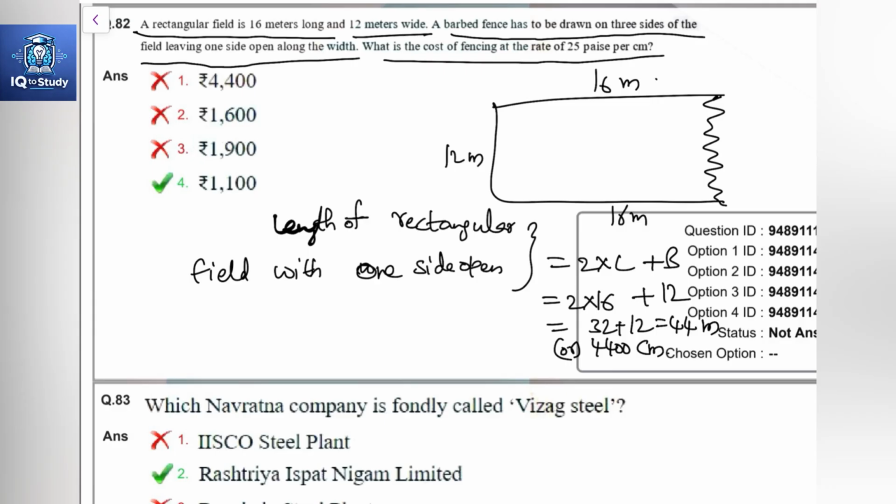Now cost of fencing is equal to 4400 into 25 by 100, because they have given 25 paise per centimeter. That is equal to 1100 rupees. So option 4 is correct.